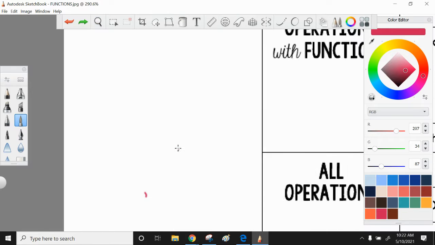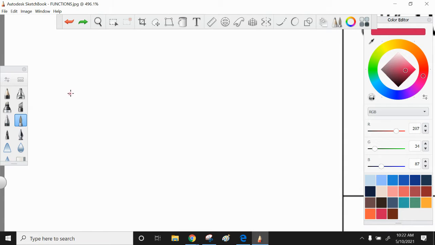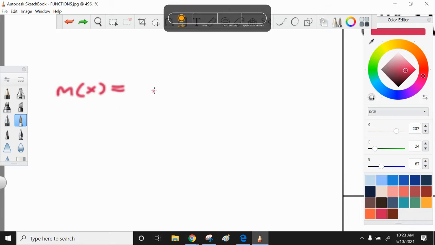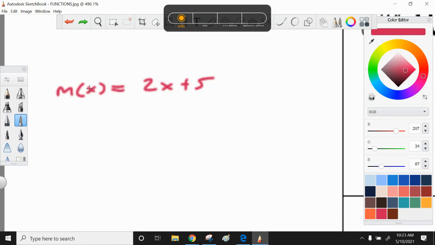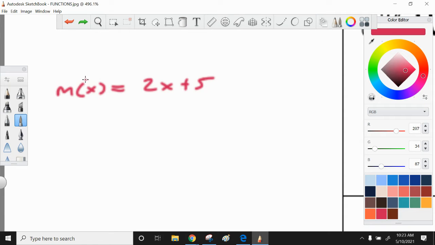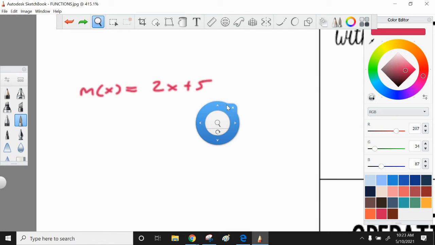If I say we've got m of x, all that this is saying is that I'm going to call it the letter m, and it has a variable of x. So if I see x, I should know that it's a variable. The bottom line is that this doesn't really mean anything. It might as well just be a big letter m. So don't be confused by this x. This has nothing to do with multiplied by x. This is m of x, in other words, the function called m with the variable x.